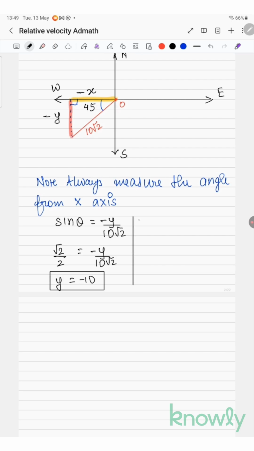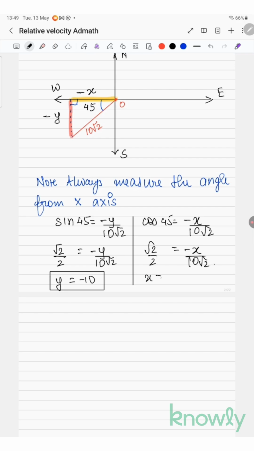Now I'll find the cosine theta. Cosine theta is minus x over the hypotenuse, which is 10 root 2. And theta is 45 degrees in both the cases. So 45 and 45, right? And this is root 2 by 2 equals minus x over 10 root 2.